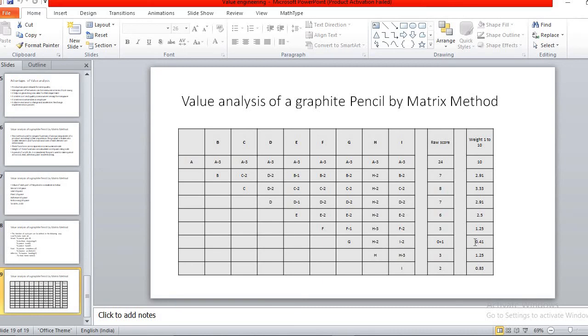So we can try to improve these, or find a substitute for G and I such that we can eliminate these functions by another means. And we can reduce the cost of this pencil. So this is nothing but a value analysis of graphite pencil by matrix method.